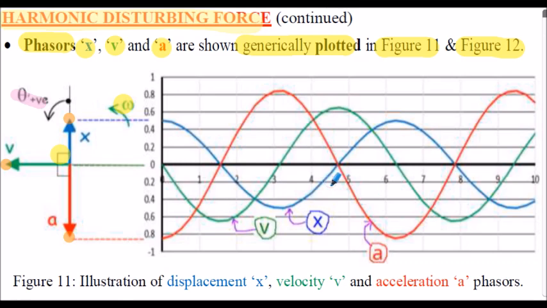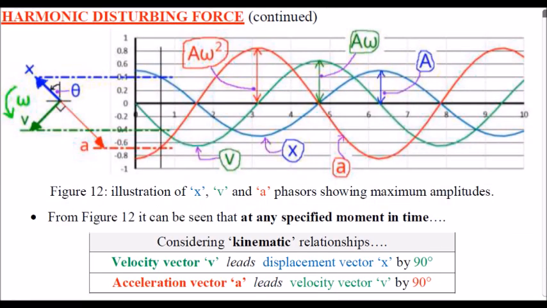So the waveform for displacement x, shown here in blue, follows a cosine curve. The waveform for velocity v, shown here in green, follows a negative sine curve. And the waveform for acceleration a, shown here in red, follows a negative cosine curve. Harmonic disturbing force continued.